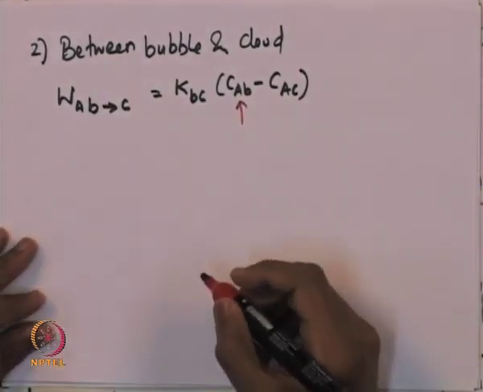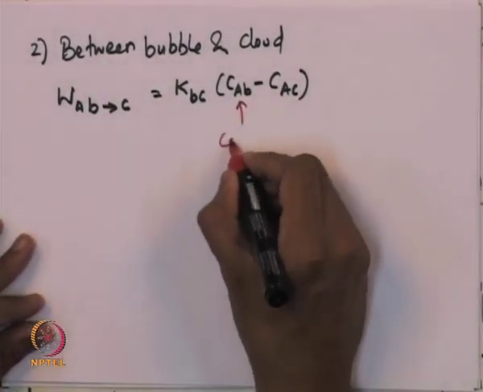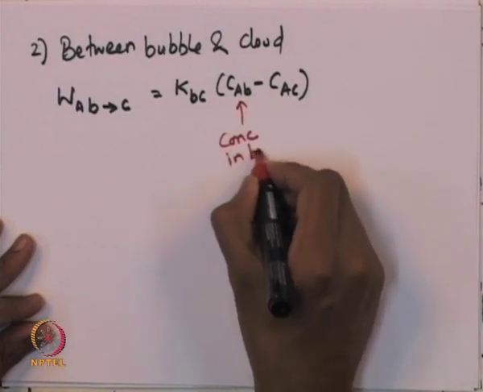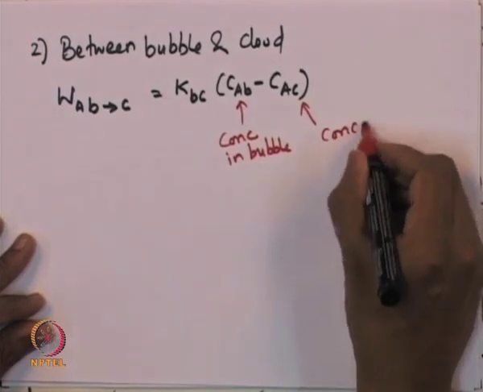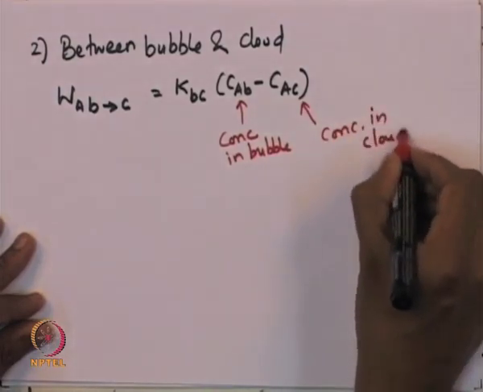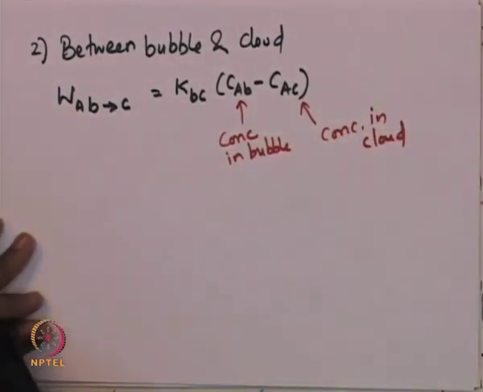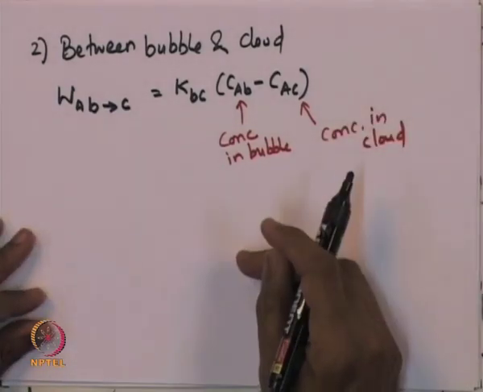That is the concentration of the species in the bubble phase, and this is the concentration in the cloud phase. So, this expression provides the flux at which the species is being transported from the bubble phase to the cloud phase.